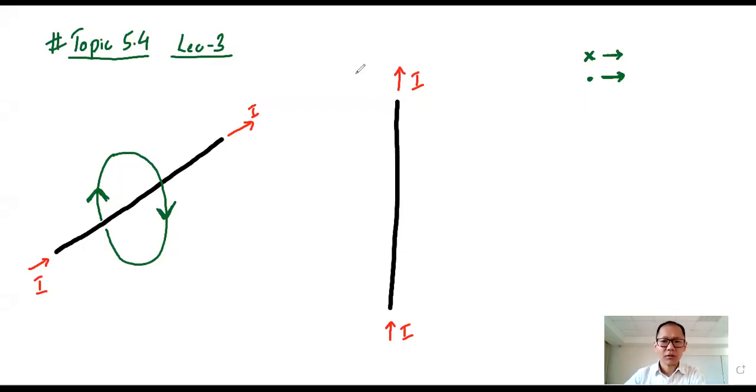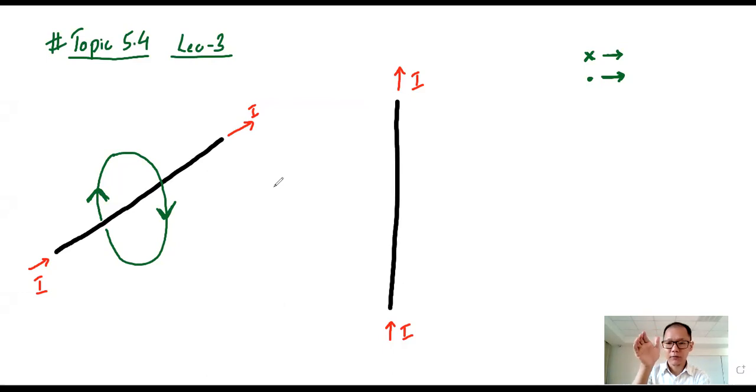Now let's consider a wire in which the current is flowing in the upward direction. And let's say this is also a perspective from the top, because you're looking at the wire from the top. So the question is then, how do we represent magnetic field lines in this sort of situation? The answer is very easy. Again, right hand rule, the thumb points to the direction of the current, which is up, that's good.